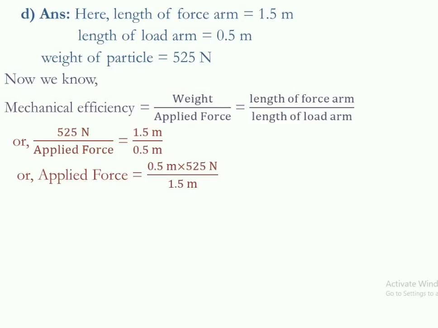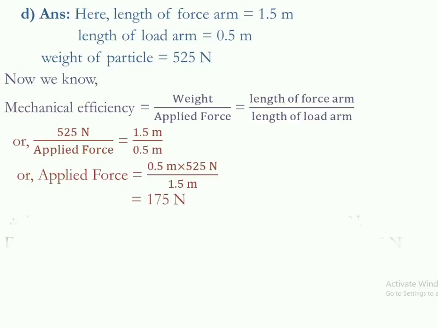We need to find out applied force. So applied force is 0.5 meter into 525 Newton divided by 1.5 meter. So 1.5 divided by 0.5 makes 3, and 525 divided by 3 is 175. So applied force here is 175.